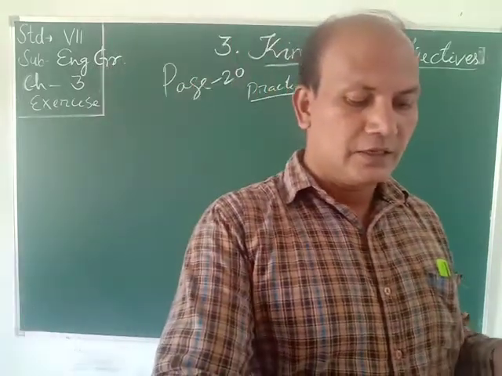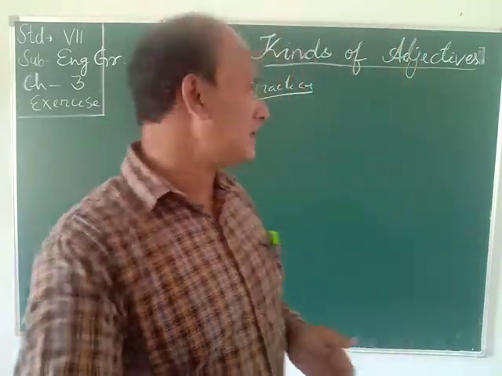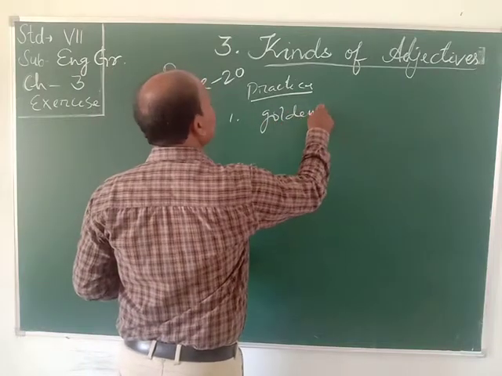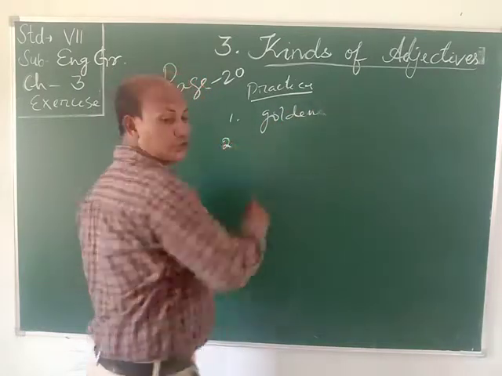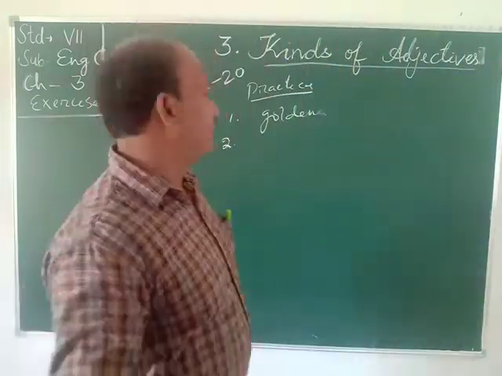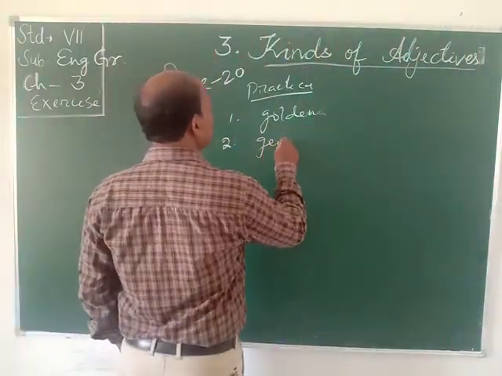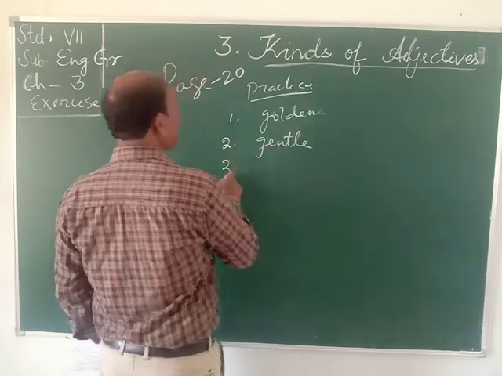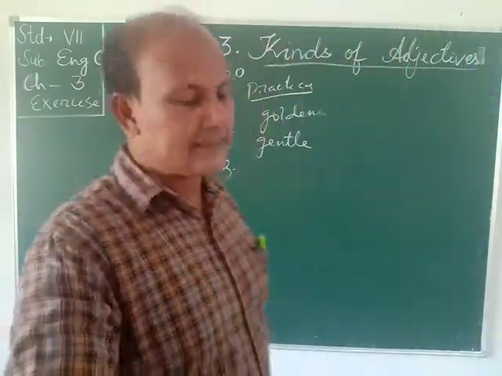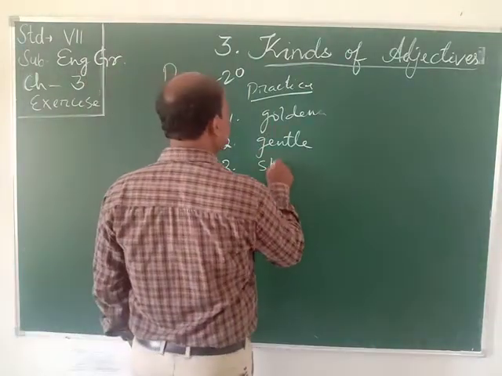Number 1, the dash sun. The golden sun. Number 2, dash lamb, the gentle lamb. Gentle. Number 3, dash fox, sly fox.